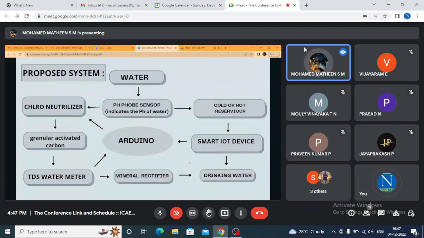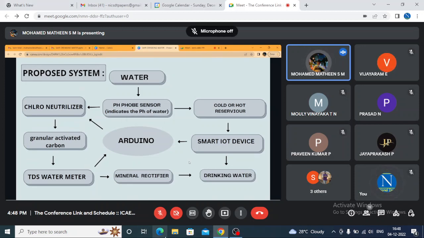So this is our proposed system. First, the water enters the pH probe sensor, which indicates the pH of the water, and then it enters the monochloramine gas stage, in which the water is dissolved with monochloramine gas, and the bacteria and viruses are killed.